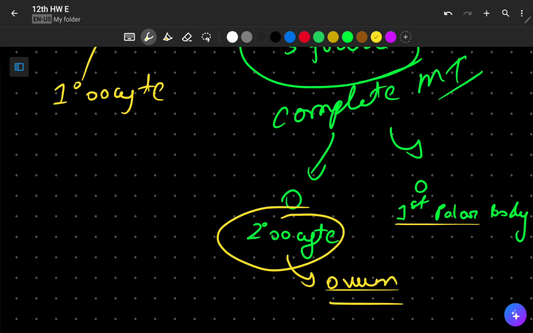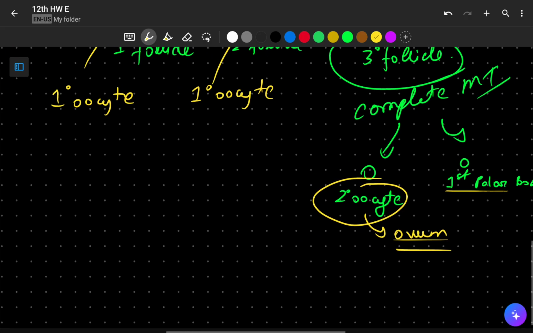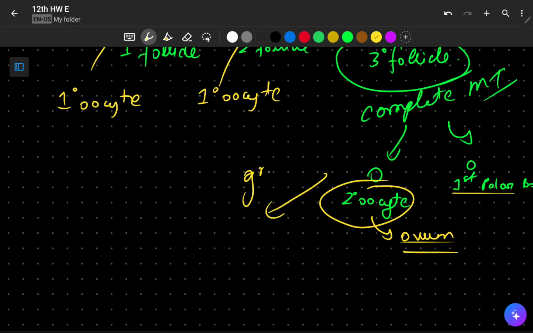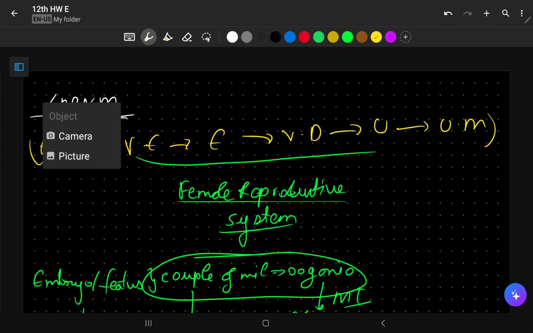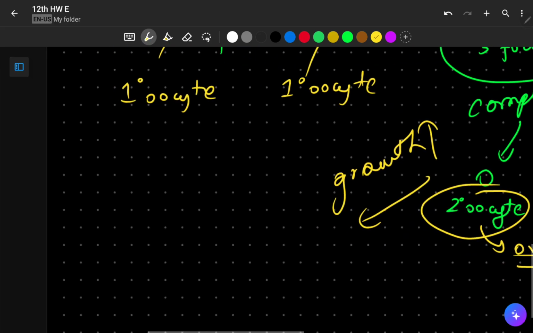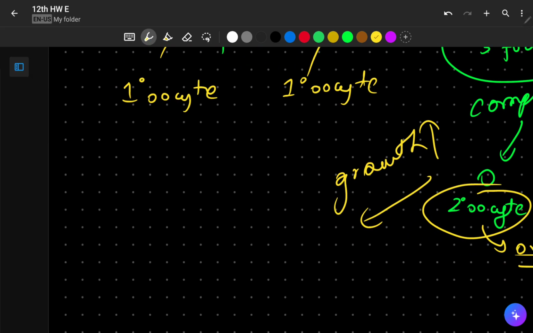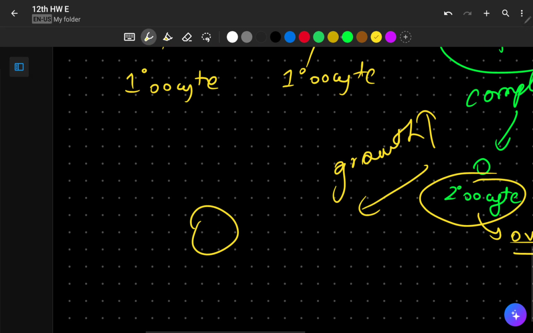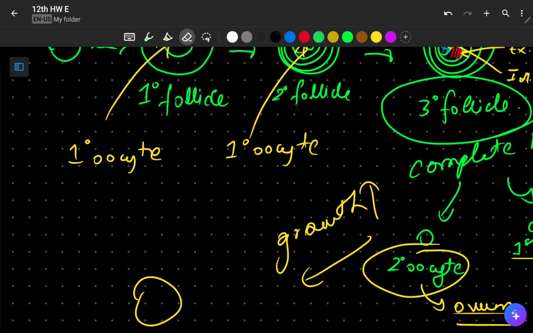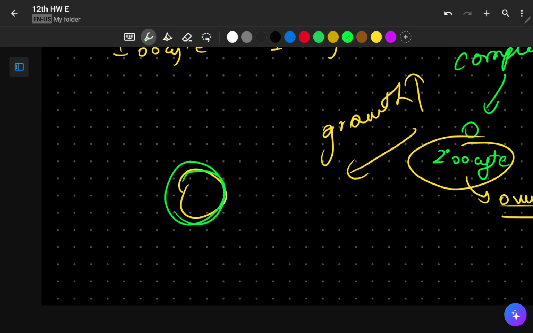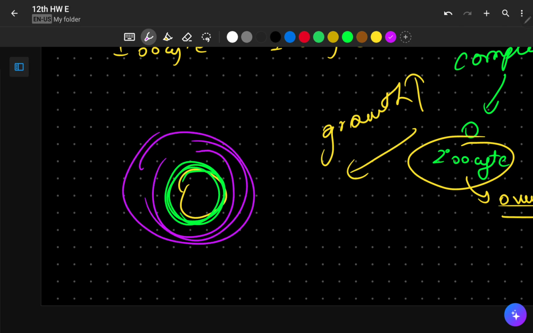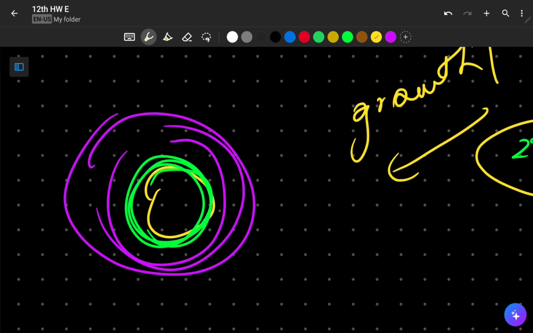Now after the tertiary follicle, it basically increases in growth. So after growing a little, there is another layer around the secondary oocyte. So if I make this, there is another layer, while having a lot of layers of the granulosa, having a theca, having an antrum. But the significance here is that it has another layer called the zona pellucida.